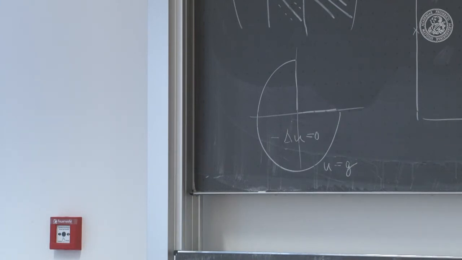One possible solution is given in this form here, in polar coordinates: x is r cosine of phi, y is r sine of phi. It's given as the sine term in the angle, and this term with exponent 2/3 in the radius. And the corresponding boundary conditions are this here. Just evaluate these functions at the boundary.